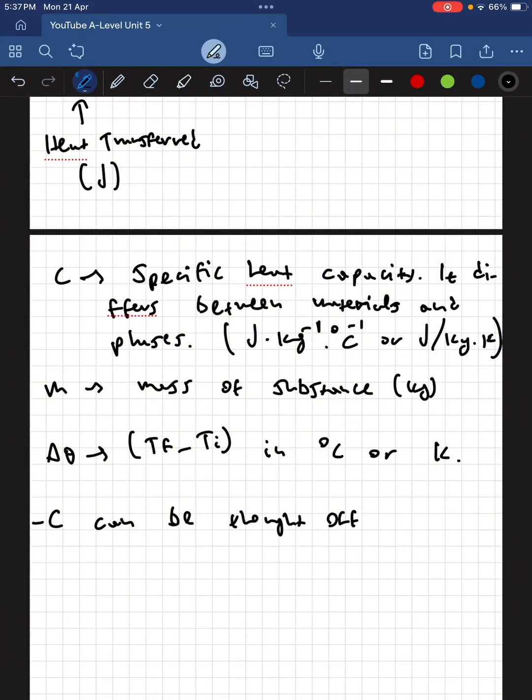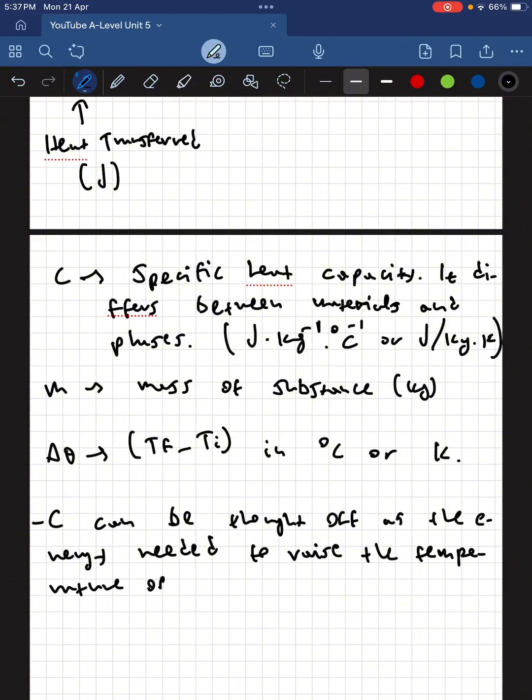The specific heat capacity can be thought of as the energy needed to raise the temperature of 1 kilogram of a substance by 1 degree Kelvin or Celsius. So I'm going to write Kelvin.